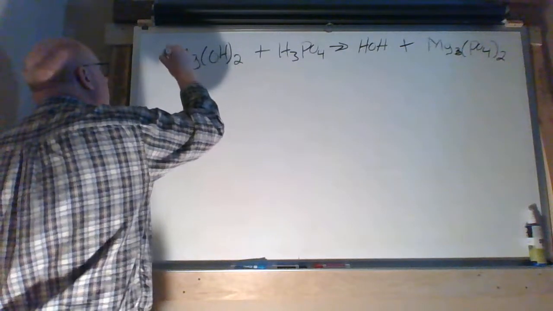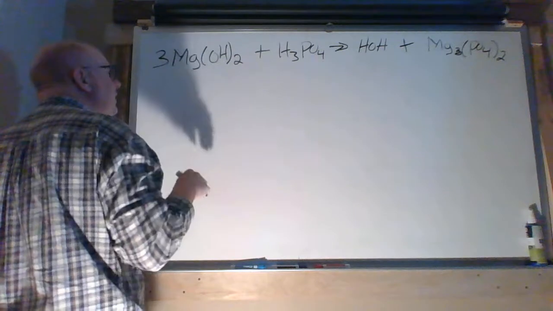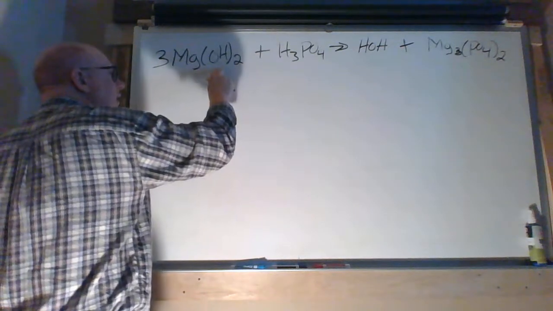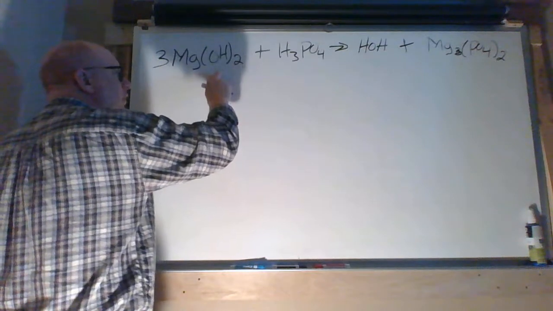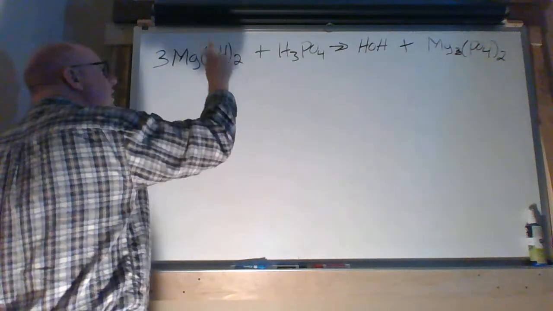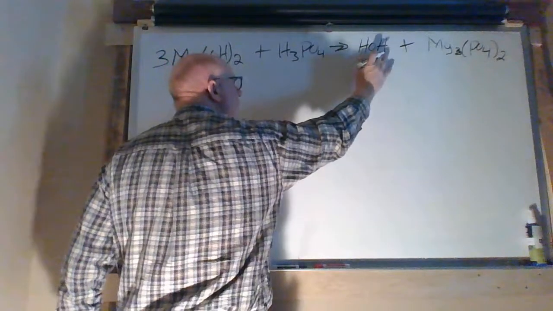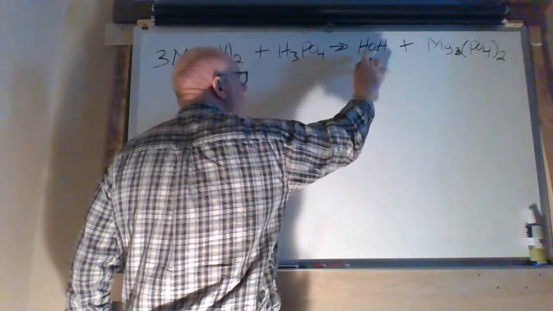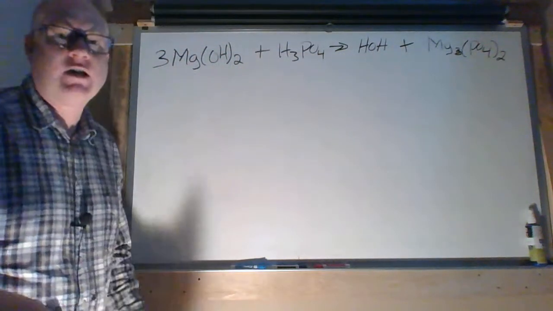So if we put a 3 on this side, that balances out our magnesiums, and then gives us 6 hydroxides. That's why starting with that is probably going to help you out in the long run, because now that we've got 6 hydroxides on the left, and remember, you only have 1 over here, you're probably going to put a 6 in front of that.